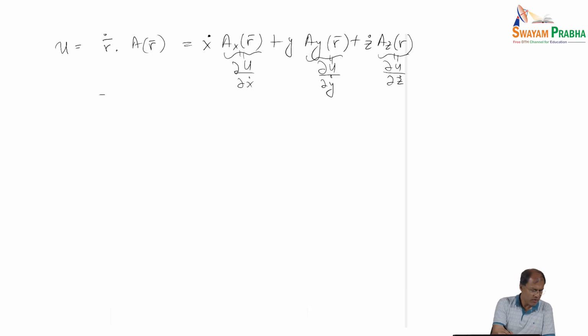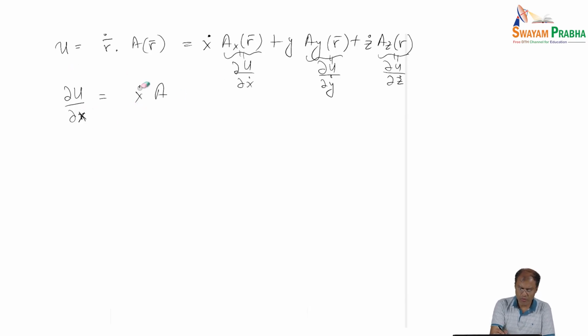And now what we have is that partial U partial X is going to be, of course, X dot AX. Hold on, what have we done here? Just a minute. We don't want to calculate partial U partial X bar.